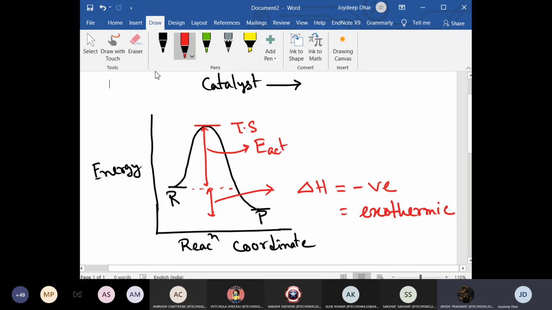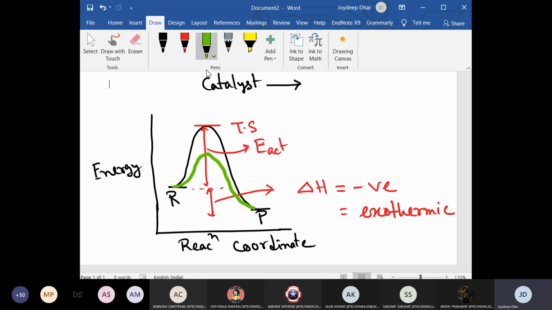If I consider a positive catalyst, then it will provide an alternate path to reach the product, which is low in activation energy. So the main thing is it will reduce the activation energy.